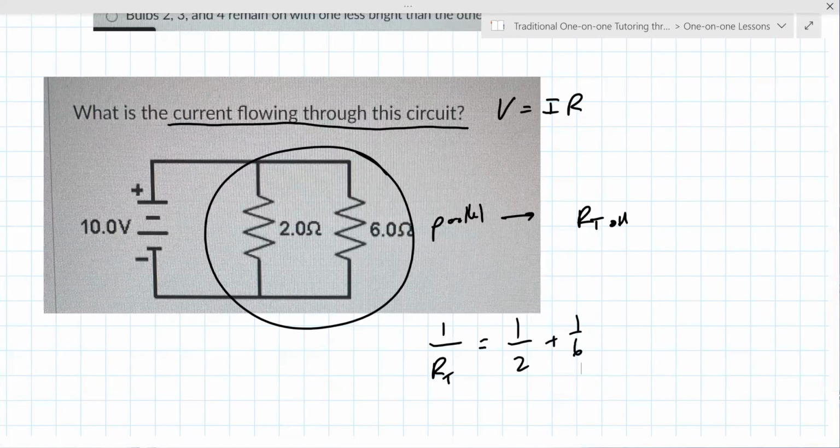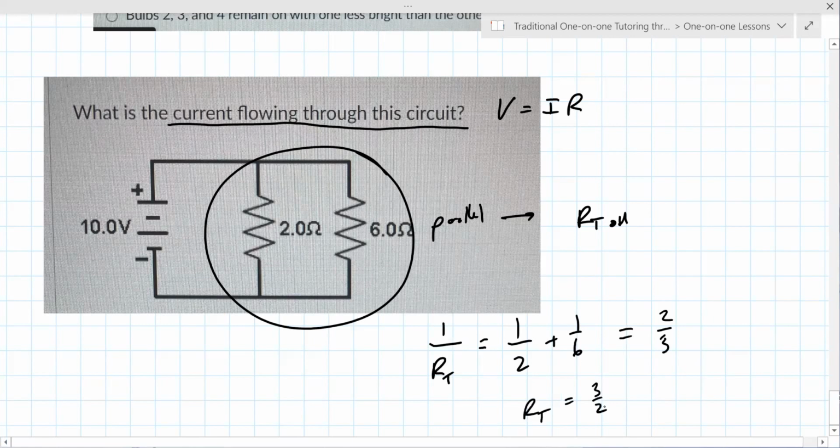So what is that? 2/3. So you flip it, 3/2. So that's 1.5 ohms. So that's the total resistance in the circuit. That's this R up here.